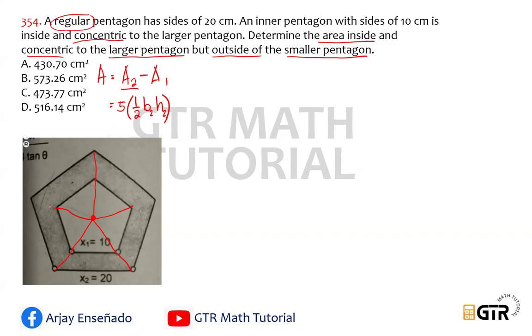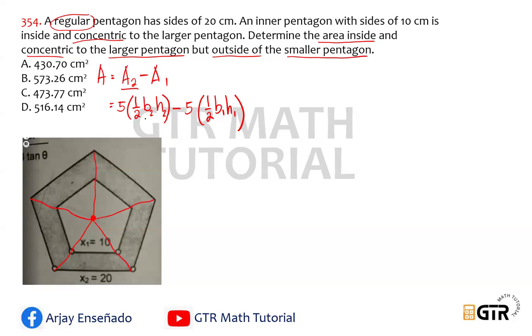Okay? So for the bigger pentagon, we can divide this into 5 congruent triangles. And then we have minus the area of the inner pentagon. So we have 5 congruent triangles inside this smaller pentagon. So 5 times the area of the triangle, 1/2 B sub 1 times H sub 1. Okay?